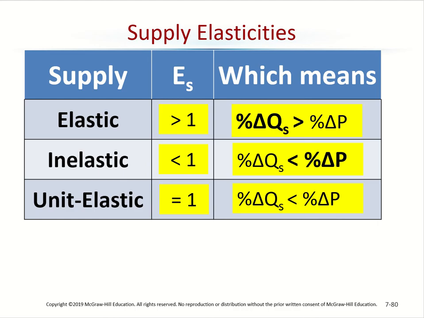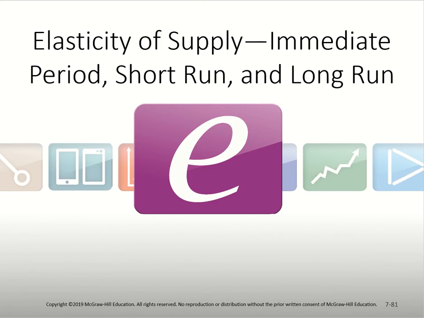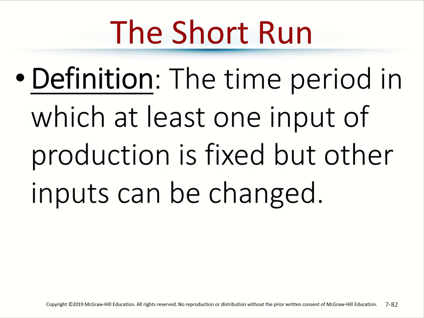And then the last concept for today, for supply: if you look at different time periods between immediate, short run, and long run, your elasticity is very different. In the short run, which means in a very short span of time, at least one input of production is fixed.